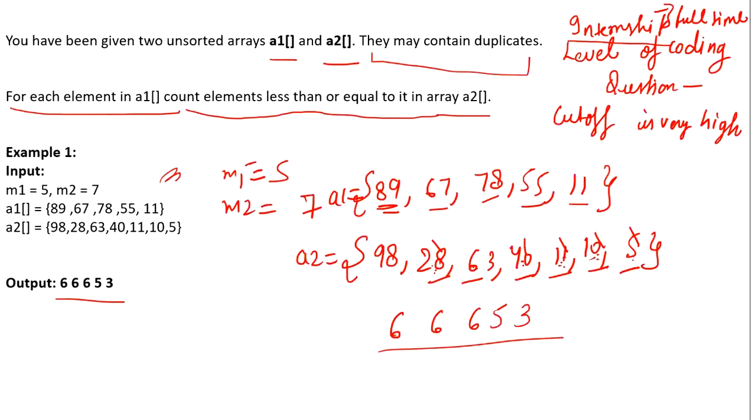So now let's discuss the brute force approach that will first come to your mind, that is, how to solve this question. What we will first think is, let's take two loops. The first loop will go through each and every element of the first array, that is A1, and another, inner loop will keep track of elements of array A2.